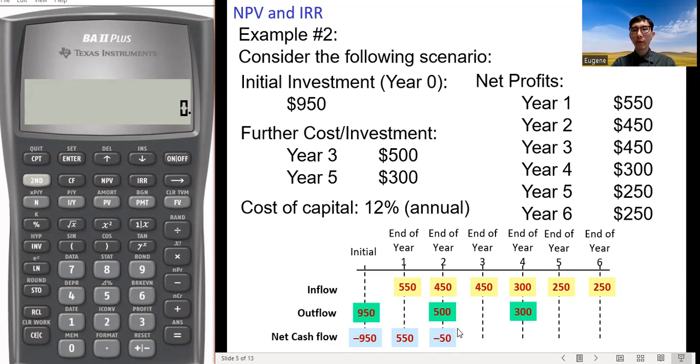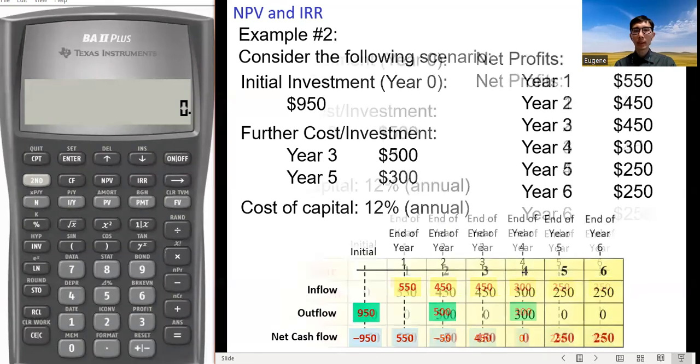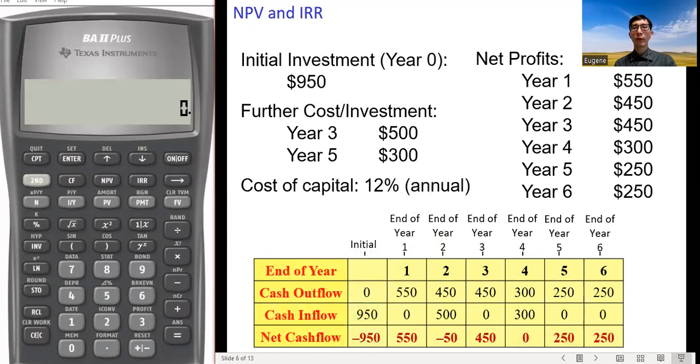So we do the same for the remaining periods. And we will enter the net cash flow amount into the calculator. And then I convert this into a table for ease of referencing.